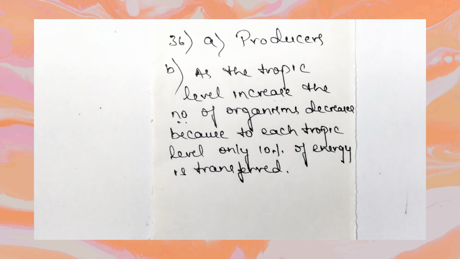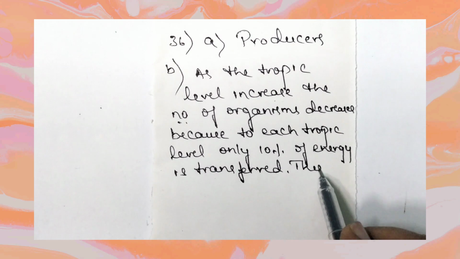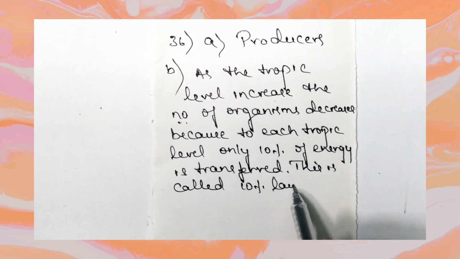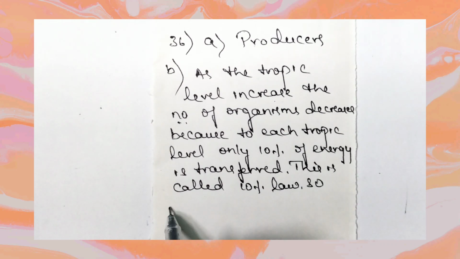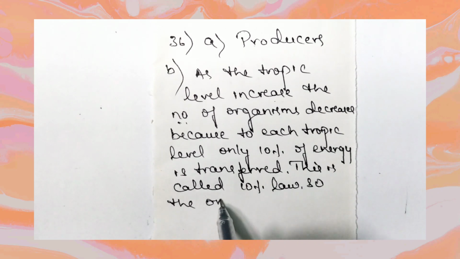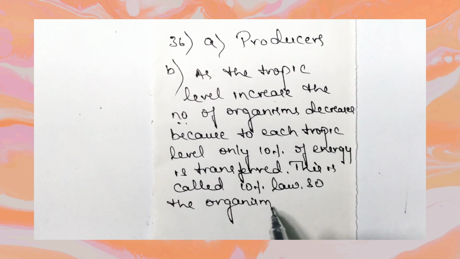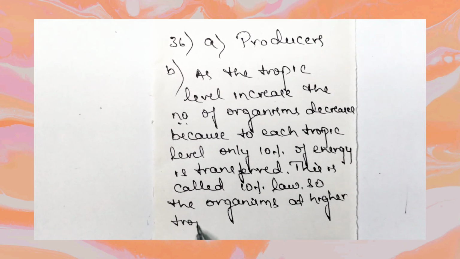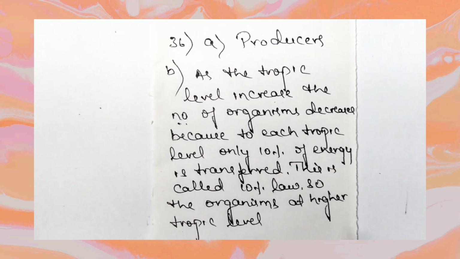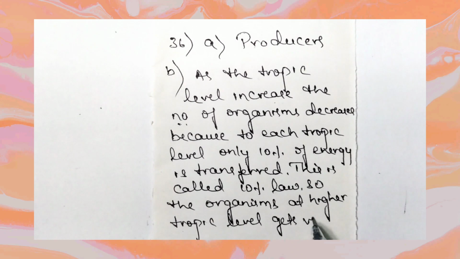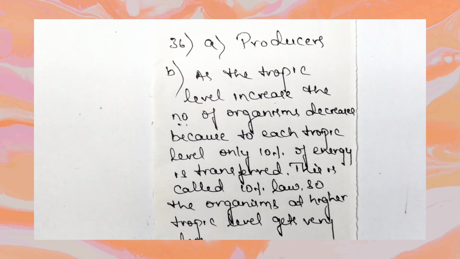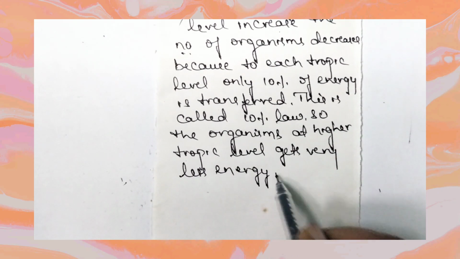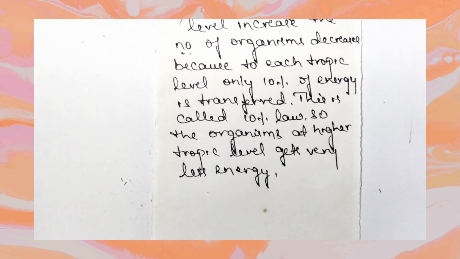Only 10% of energy is transferred. This is called the 10% law. So the organisms at higher trophic level get very less energy. So this is the reason you have to write for this question.